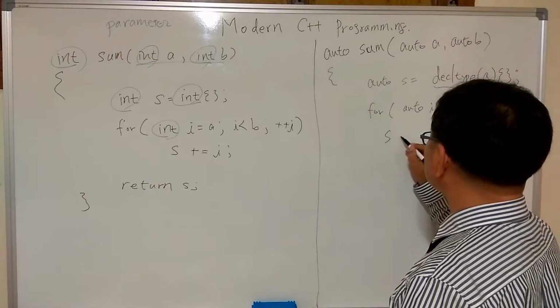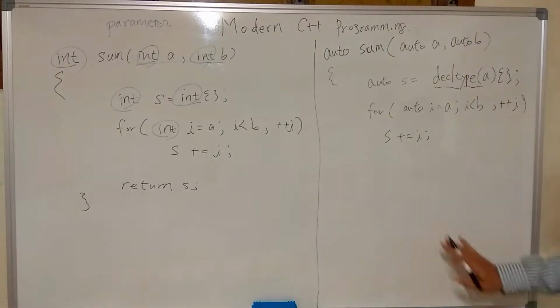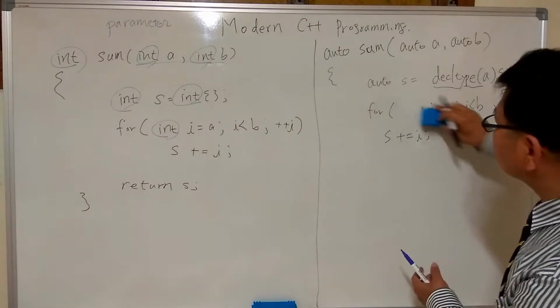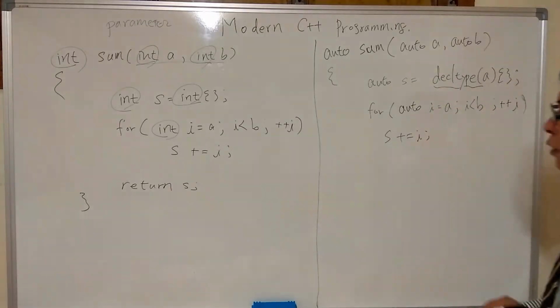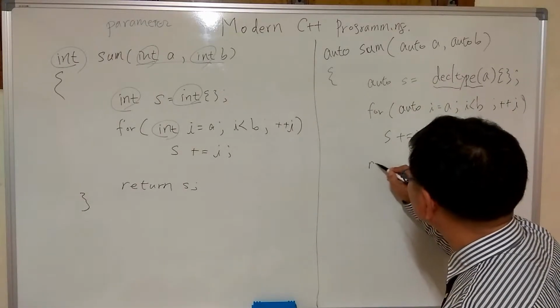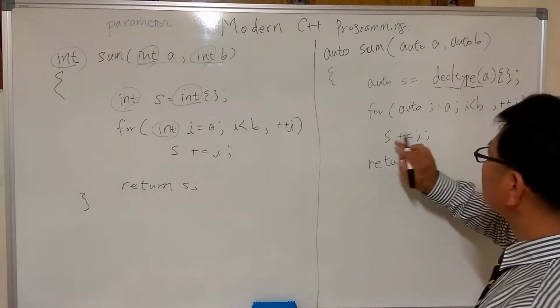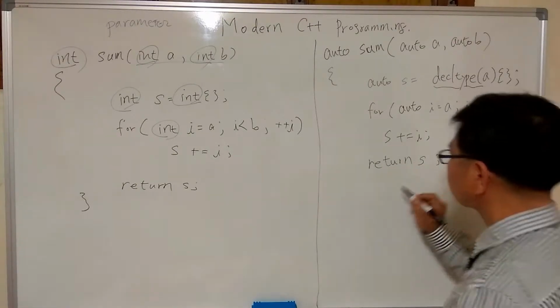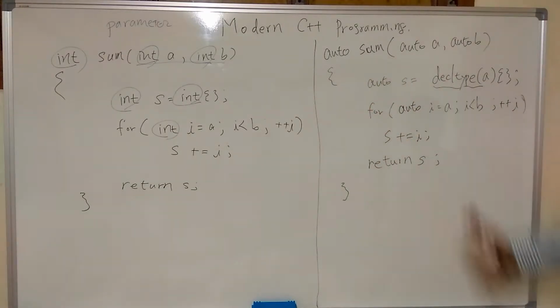Then S here you can say plus equals i, like this. Then we return S. This is using the keyword auto in the modern way, the modern C++ way.